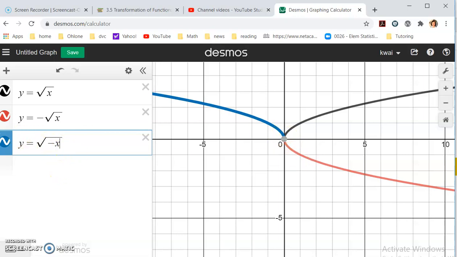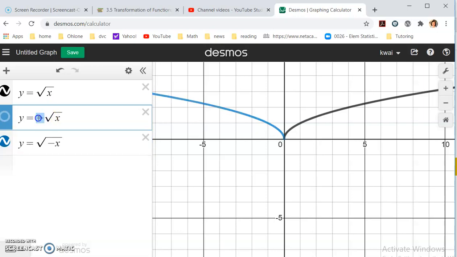So you can see that it is reflected over the y-axis, you reflect sideways. Anything that you multiply inside is going to be horizontal, so you will do a horizontal reflection. If you multiply a negative outside, that's vertical.